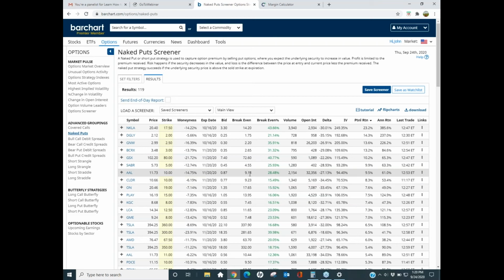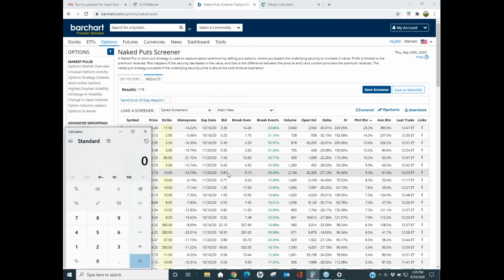Now, how do we figure that out? Well, here is our break-even price and the value of our bid, 87 cents. So we take 87 cents and we divide it by the price that is our break even, 19.13, and times that by 100 to put it into a percentage.